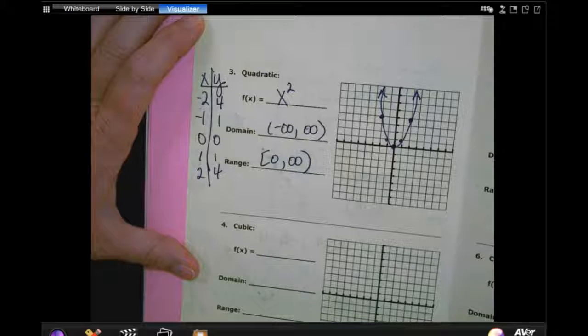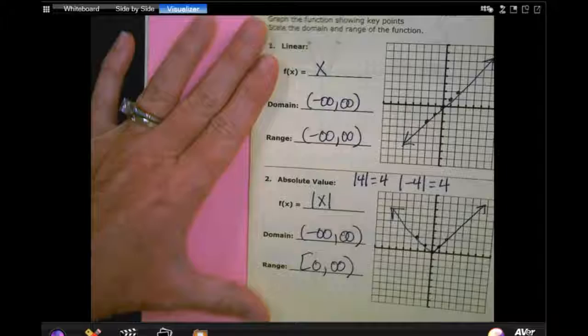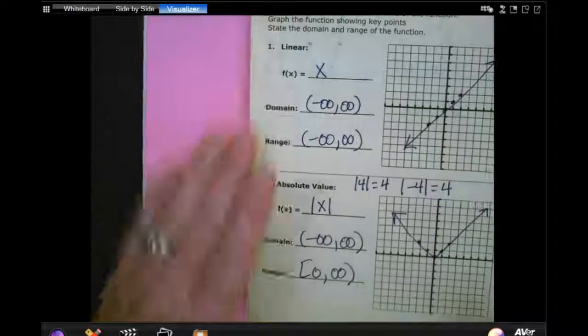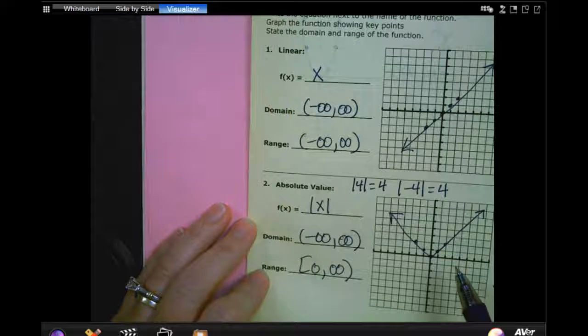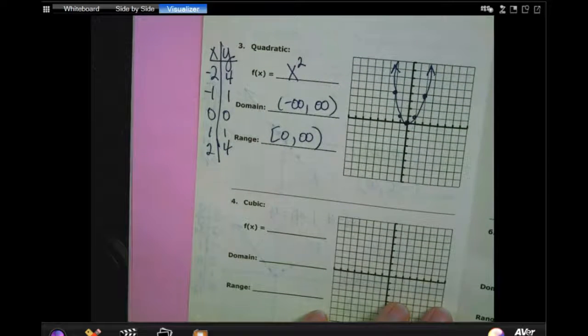But what's the difference between the quadratic and the absolute value that I just did? Are these y values also positive?